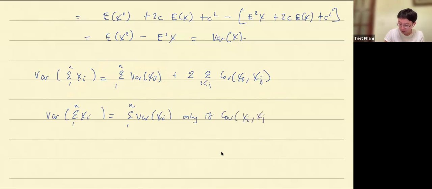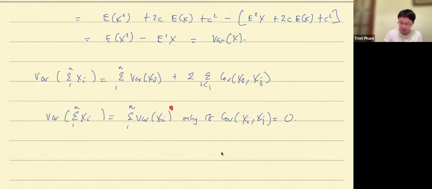This is enough to have the variance of the sum equal to the sum of variances. So this basically means the Xi's have zero correlation. But a lot of times you have an independence assumption.